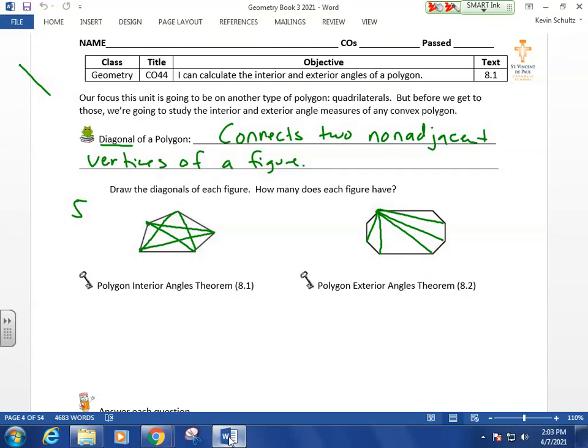I'm going to do my next point in red, just kind of keep these somewhat organized. Okay. Diagonals can be drawn down here, here, here, here, and here.